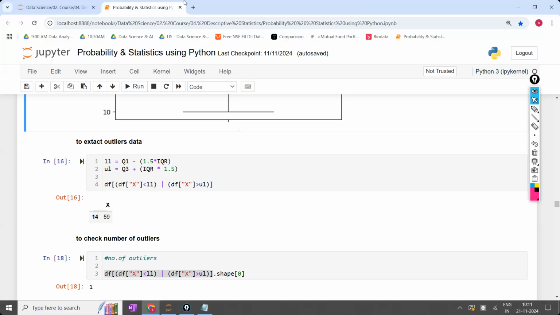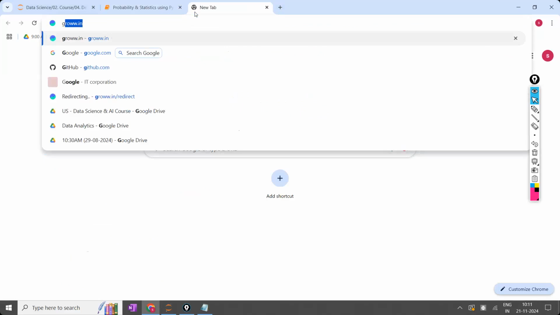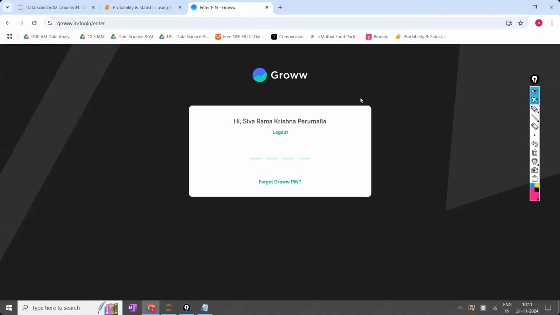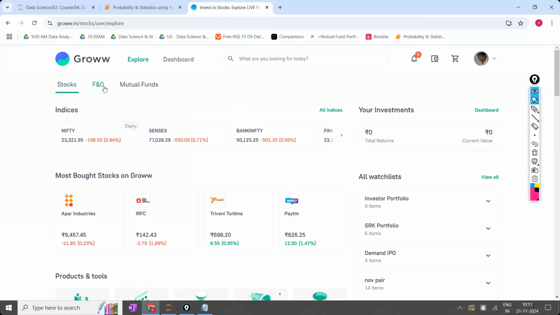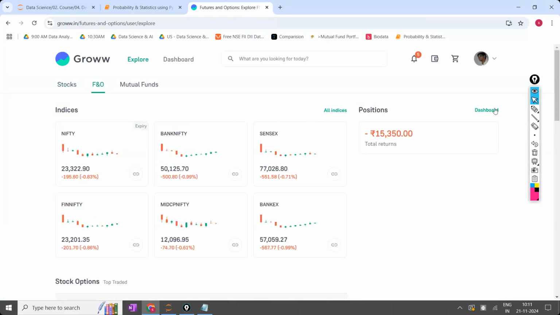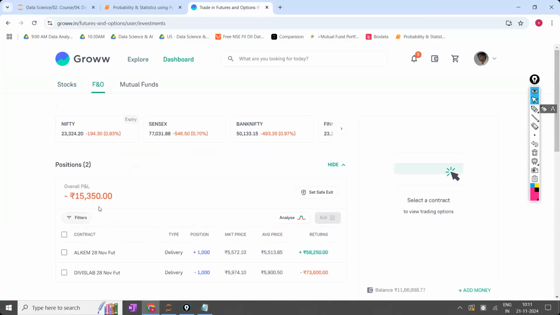Now see here, if I want to show you live proof, this is my account. Today I have made a loss of 15,000. As of now it is minus 15,000, right? What data have I collected?